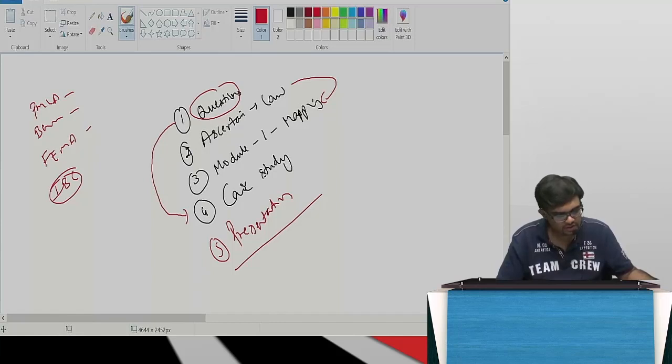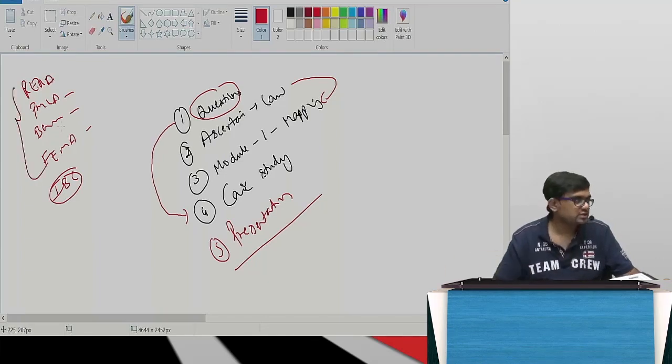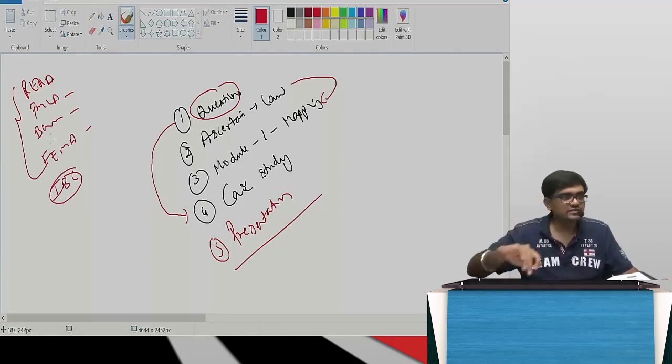In case study 2, you have FEMA, you have RERA, you have PMLA. Basically 4 things are already covered in this particular question. Got it? So this is how your case studies will be. They'll mix and match everything and give it to you.